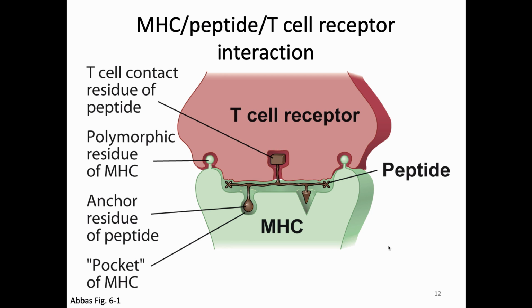That MHC peptide binding groove will bind to parts of the peptide, while other parts will be available for the T cell receptor to bind. And that T cell receptor will be binding to this combined surface of MHC molecule plus peptide together.